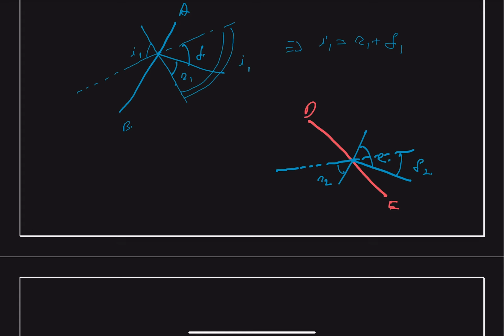And from here we can write that, because this is R2, this will also be our R2. So the angle of emergence will be equal to R2 plus delta 2.